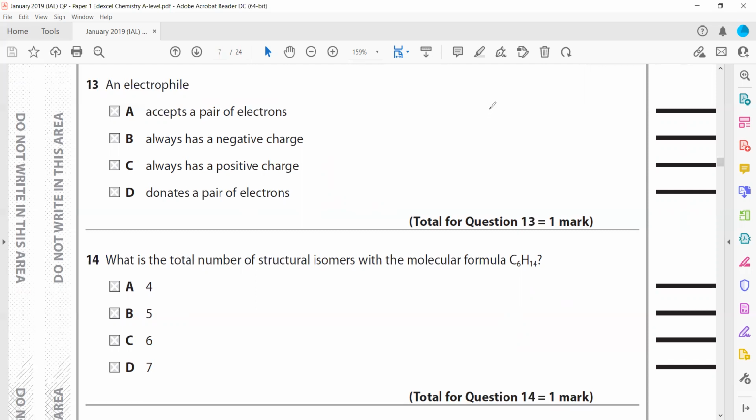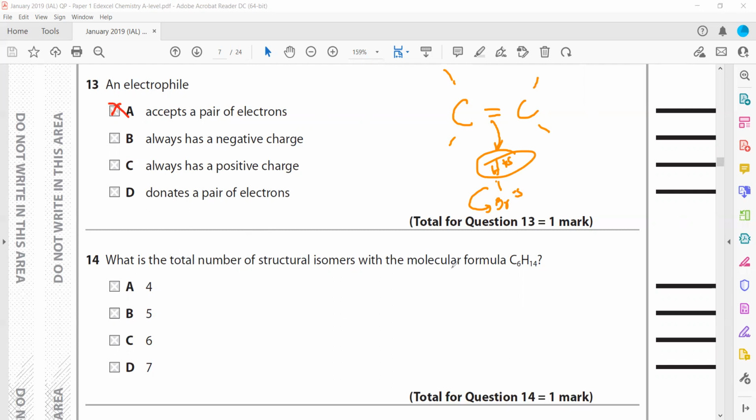If we remember the reaction of alkenes, the electrophilic addition reaction, with H and Br, hydrogen is partial positive and bromine is partial negative. Bromine will break the bond, and this hydrogen is attracted towards the double bond electrons. So this hydrogen is called the electrophile. Electrophiles tend to accept electrons or attract towards the pair of electrons. So A is the right answer for this.